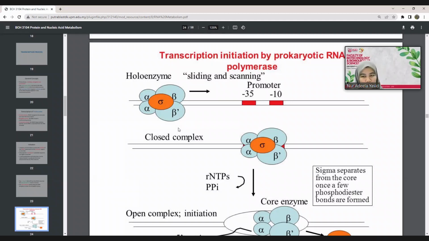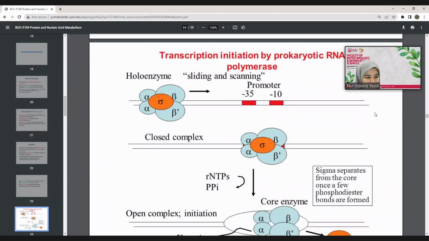It will slide along the DNA template, scanning and trying to look for the specific sequence that it recognizes to bind for the transcription process, which is the -35 region. Once it binds to this -35 region of the promoter, it will form a closed complex.